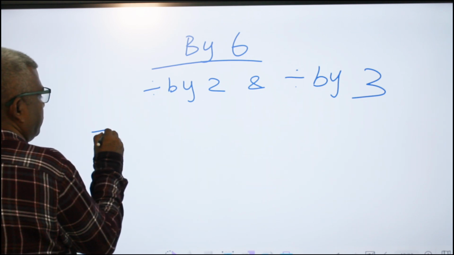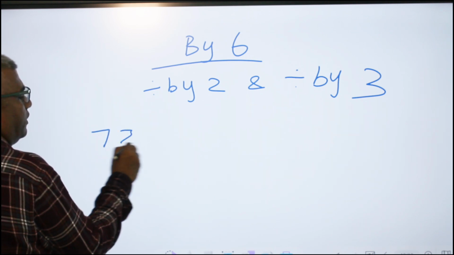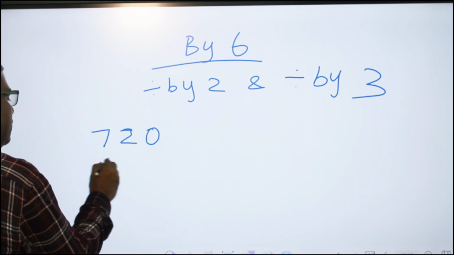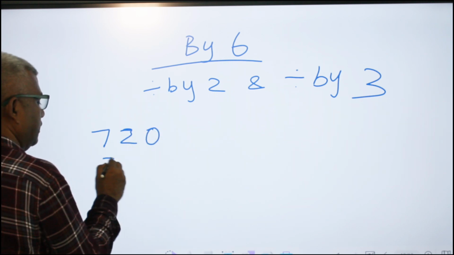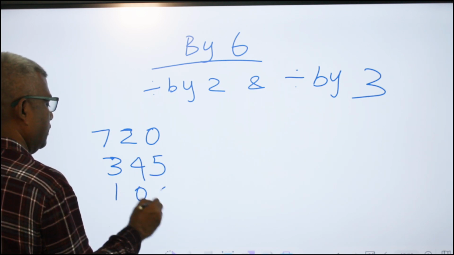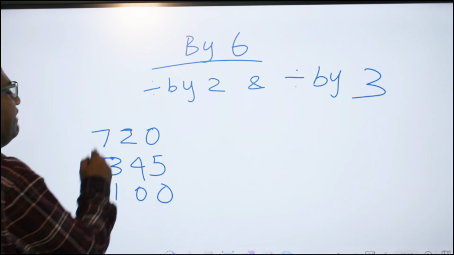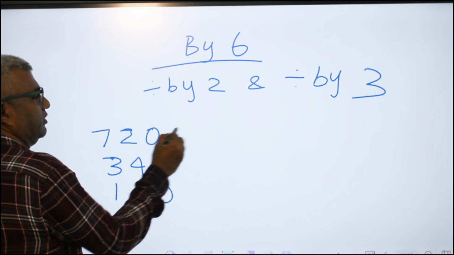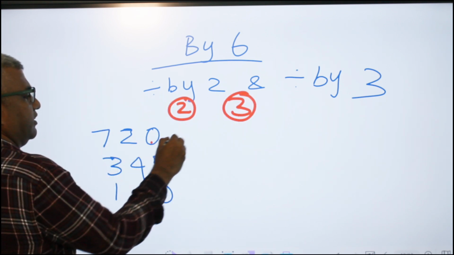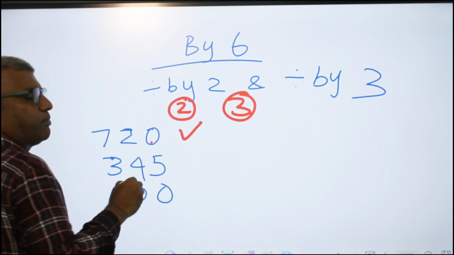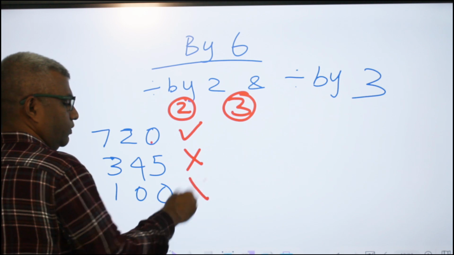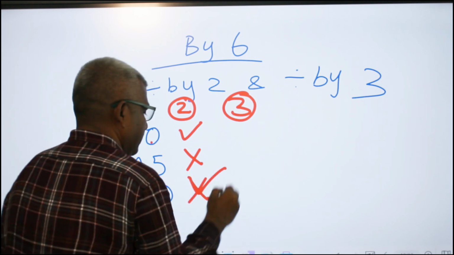For example, 720. Divisible by 2, we will see first. Yes, 720 is divisible by 2. 345, no. 100, yes. It is divisible.